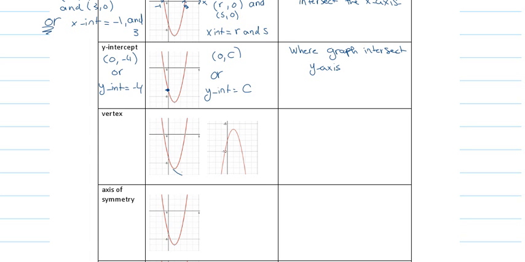It depends if you have opening up or opening down. Okay? So your vertex could be either a maximum point or a minimum point. So in this case, it's a maximum as it opens down, and it's a minimum as it opens up.